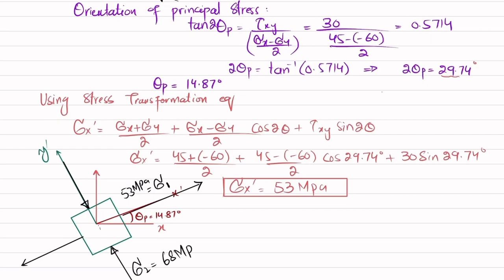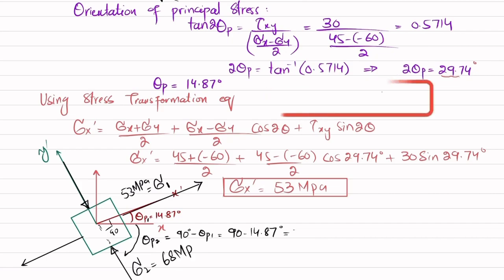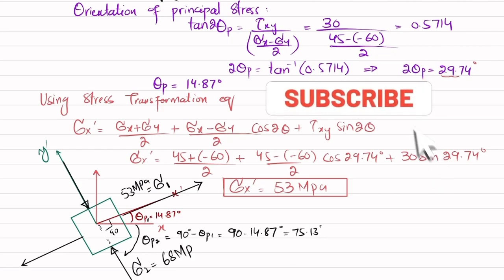So you can see that this total angle is 90. If you take this as another angle, this will be theta P2 and this will become theta P1. So theta P2 will be equal to 90 minus theta P1, and that will be equal to 90 minus 14.87, which is equal to 75.13 degree.